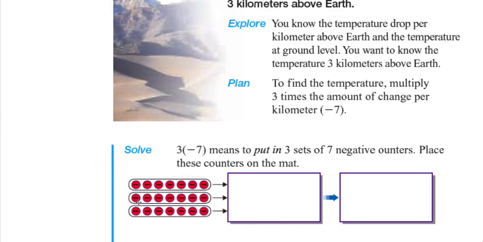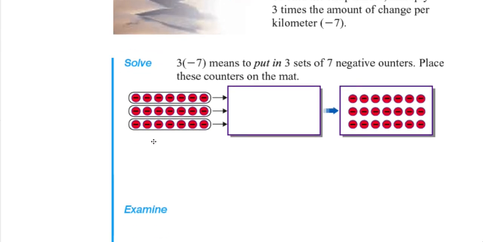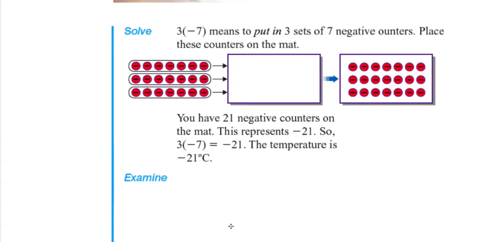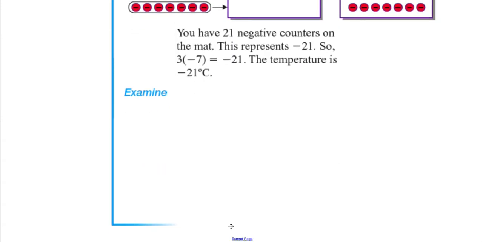So after that, we know that you have 21 negative counters on the mat. This represents negative 21. So 3 times negative 7 will give you negative 21. The temperature is negative 21 degrees Celsius.